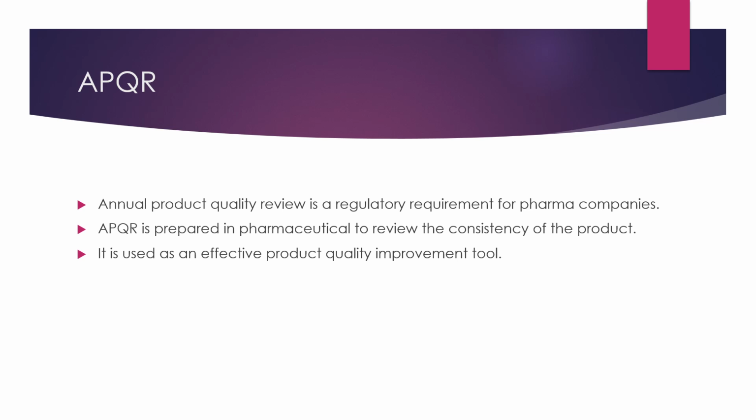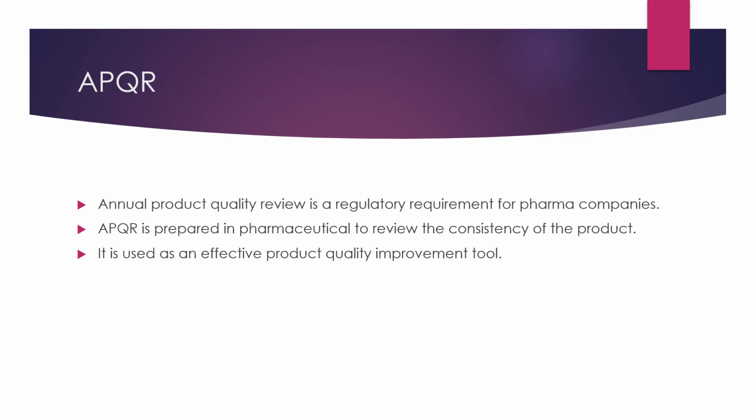Let us see why APQR has to be done and why it is needed. Annual Product Quality Review is a regulatory requirement for pharma companies. APQR is prepared in pharmaceuticals to review the consistency of the product. It is used as an effective product quality improvement tool.